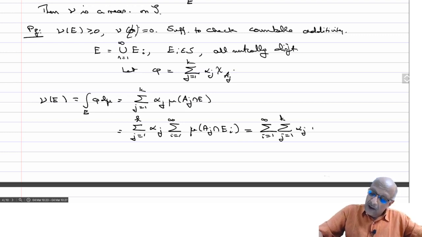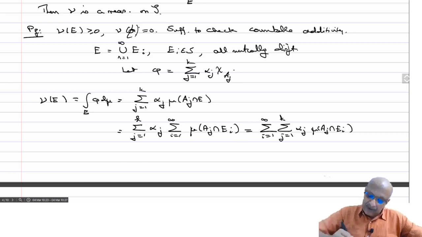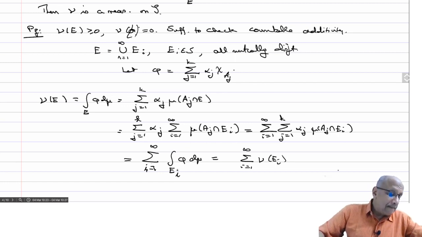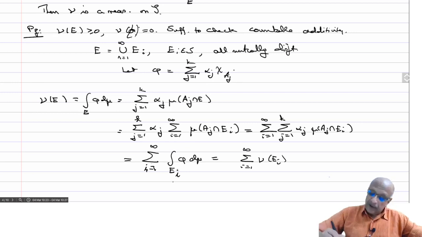So alpha_j mu of A_j intersection E_i, and that is equal to the sum over i equals 1 to infinity, which by definition is nothing but the integral over E_i of phi d mu, and it is equal to the sum over i equals 1 to infinity of nu of E_i. Okay, so that completes the proof.